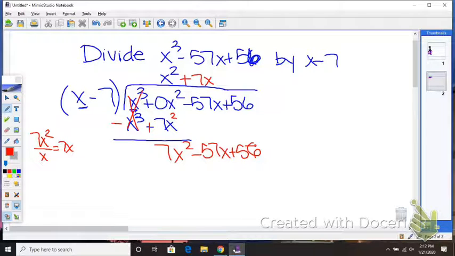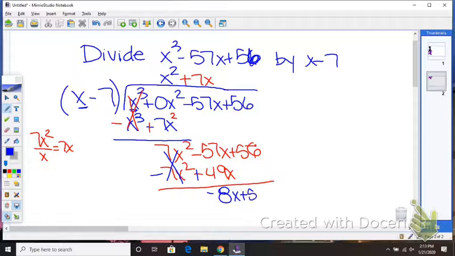So we're going to take that and multiply it by this whole thing. So I get 7x squared and then minus 49x. Everybody agree with me? Change the signs. So this becomes minus. This becomes plus. So these cross out. What do I get with negative 57 plus 49? Negative 8x plus 56.